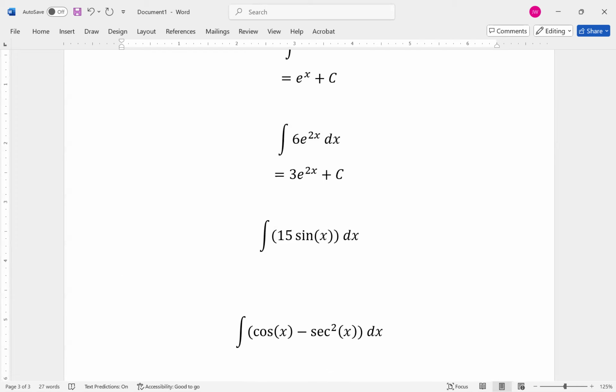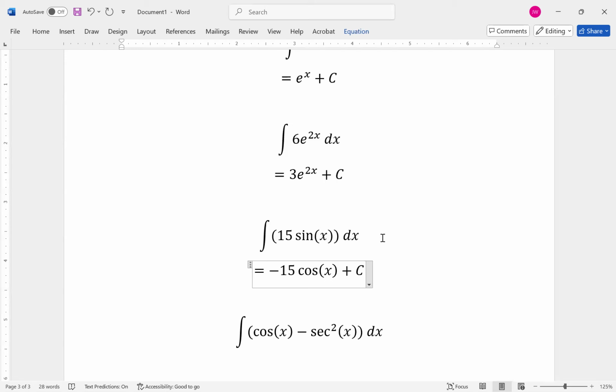If we're integrating 15 times sine of x, the coefficient of 15 just stays out front. And when you integrate sine, you get a negative cosine. So we're going to get negative 15 times cosine of x plus a constant c.